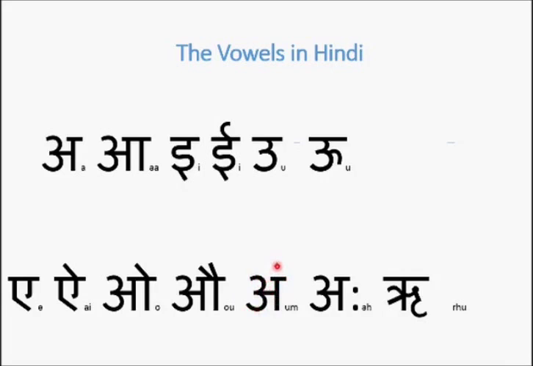Now this dot is also called bindu in Hindi. Then Aha. Aha is basically an A with 2 dots on the right side of A. That becomes your Aha.